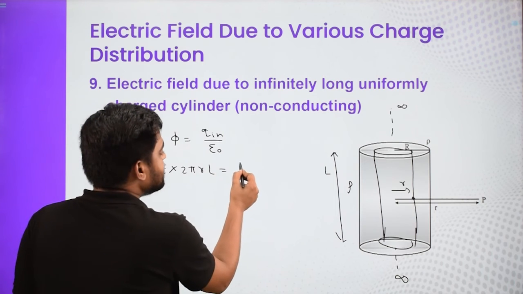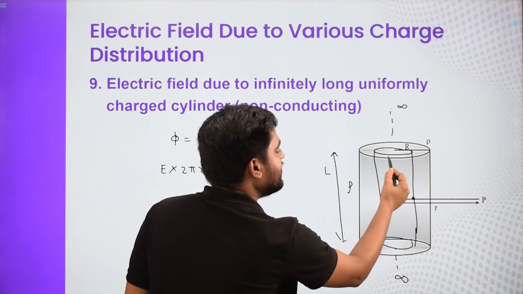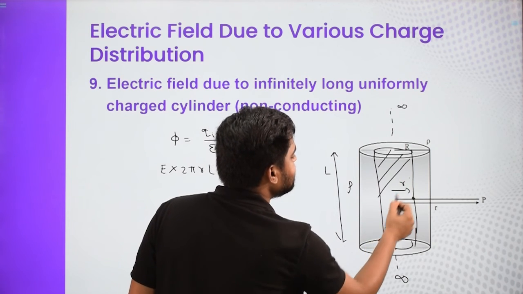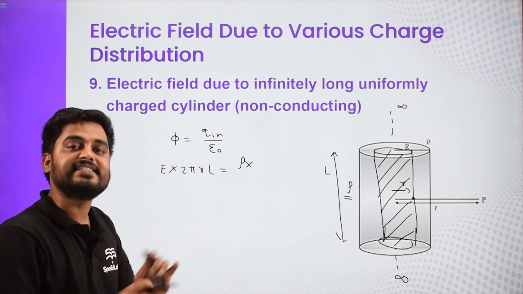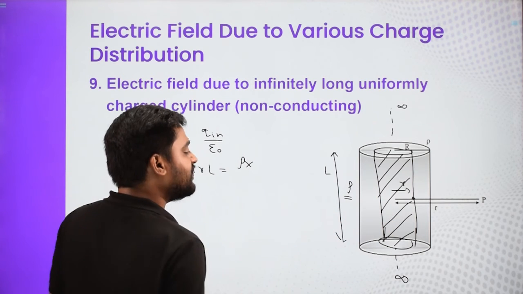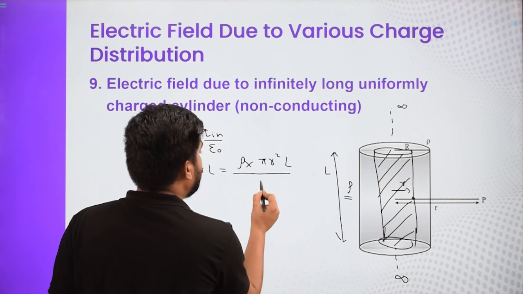That is volume charge density into volume. Whatever is the volume of this cylinder, when I multiply this volume with rho, I will get the charge lying inside our Gaussian surface. So the volume of that cylinder is pi r square into L, divided by epsilon naught.